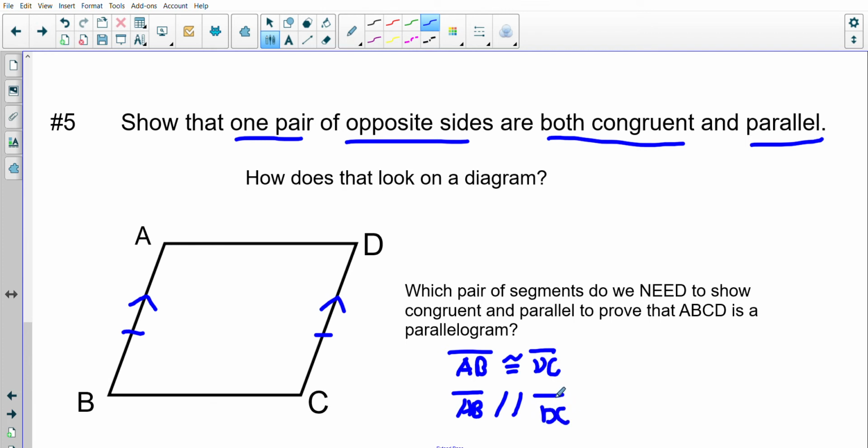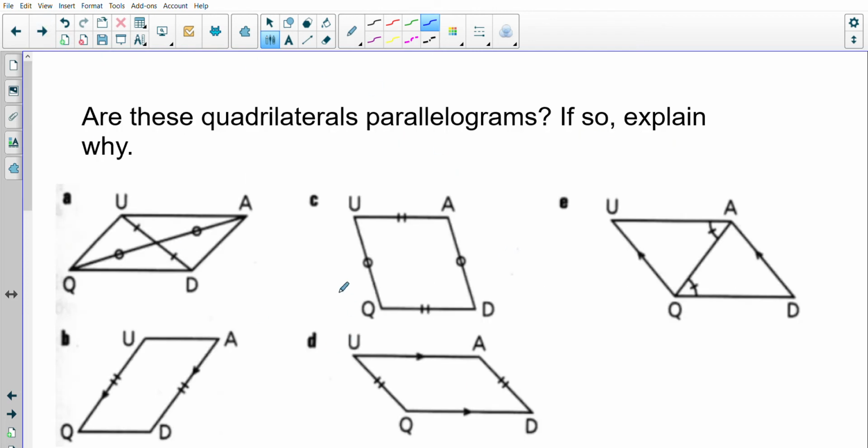Again, hopefully my penmanship is okay here. I think it's even a little bit better if I were actually writing on the board. So again, those are the 5 conditions. You want to be able to look back through those and make sure that you're taking good notes. And the more practice problems that you do, I think the easier it will be to make sure that you understand these.